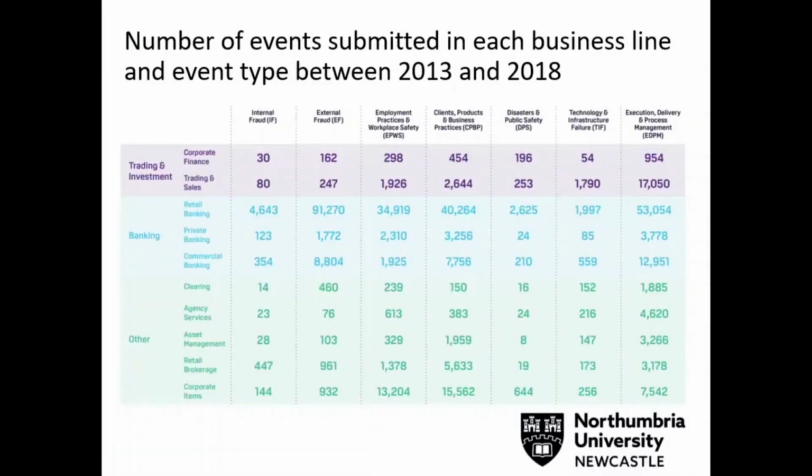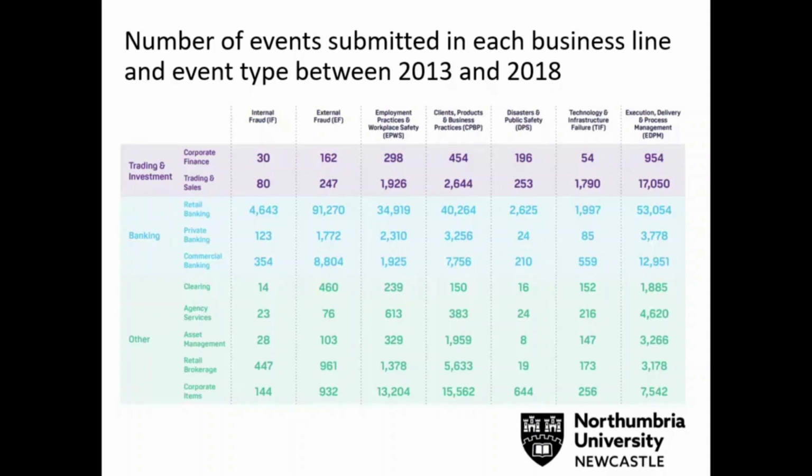What I've done here is I have access to some data. So there is an organisation. The links are in the summary pages, where you can actually access data that's been collected of how often these risks occur. So this is a table of frequency numbers.